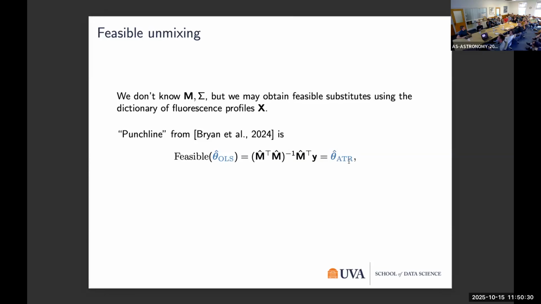I think that that's not too hard to see. You take the profile averages to estimate the M matrix, and then that's what you get. A little bit more linear algebra and moving things around shows that a feasible generalized least squares estimate, where you plug in estimates for both the average fluorescence profile and also the error covariance matrix, is actually equivalent to this regress then sum estimate.